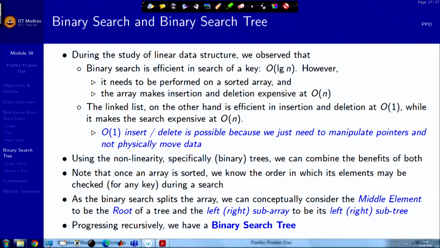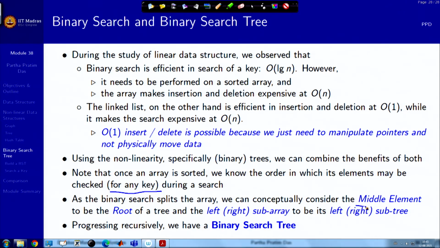So, we want to use the nonlinearity to combine the benefits of both these. So, how do we do that? Let us say, just conceptually think that the data is in an array and it is sorted. Once it is sorted, then for any key during a search, we know the order in which the elements may be checked.